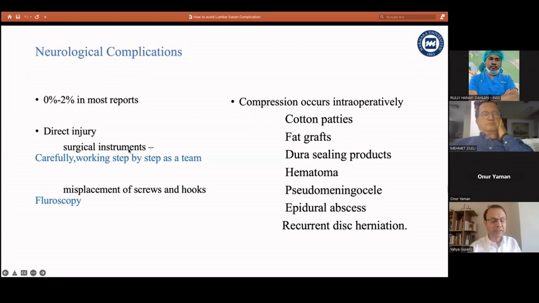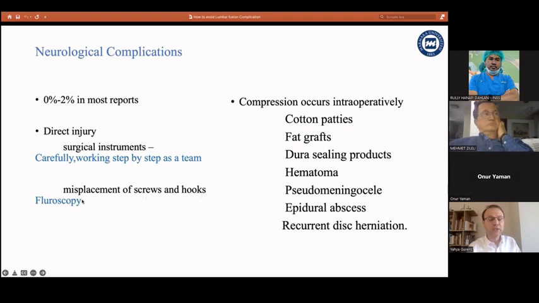To prevent it, we use 2 hands for the surgical instruments, and we work carefully, step by step, as a team. The nurse helps us, and the assistants help us. We don't do everything with two hands, and sometimes we must be careful. And sometimes misplacement of screws and hooks causes neurological deficit.